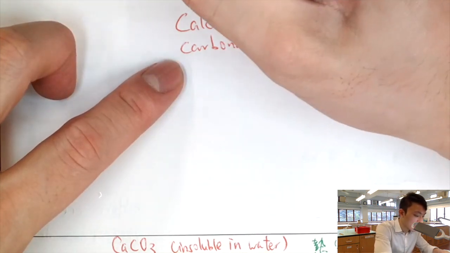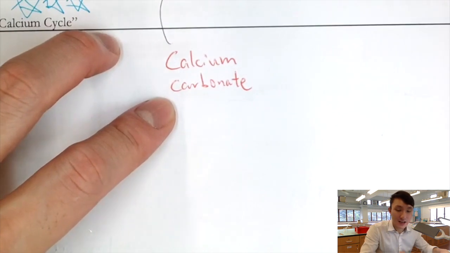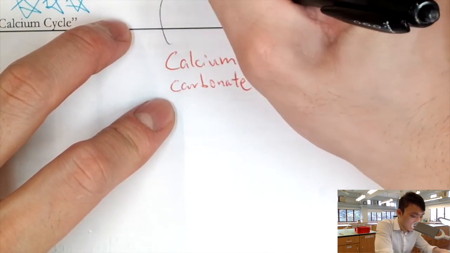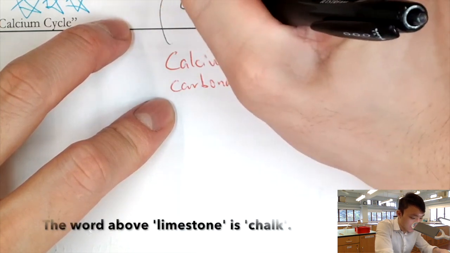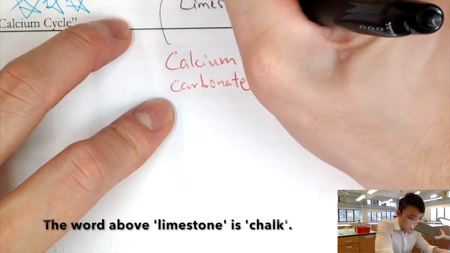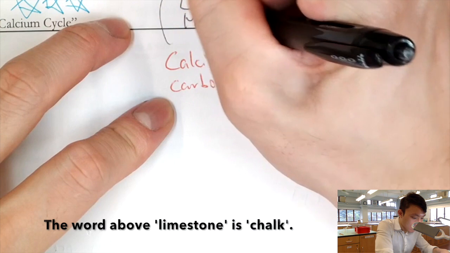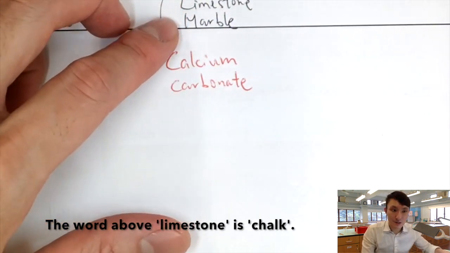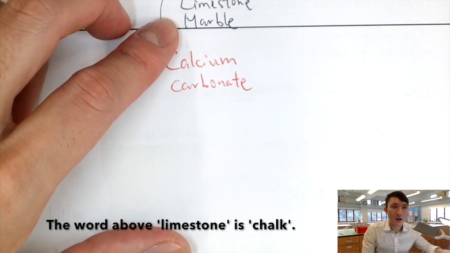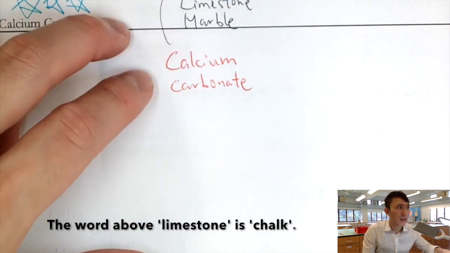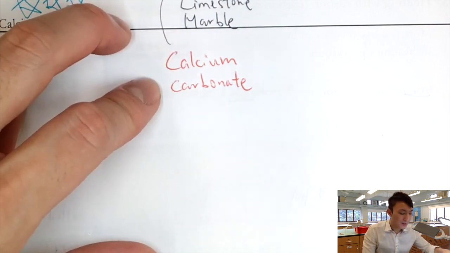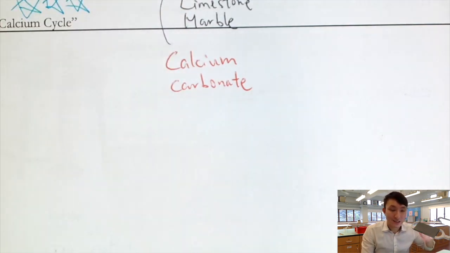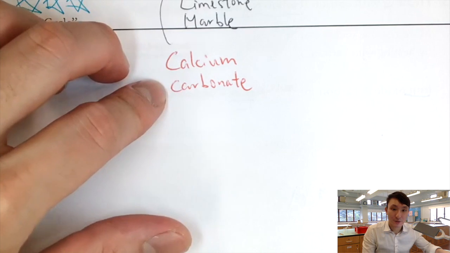So often you will hear three names concerning the same thing: chalk, limestone, and marble. All these three substances are mainly made of calcium carbonate. So when you see these three terms, you can consider them as calcium carbonate.